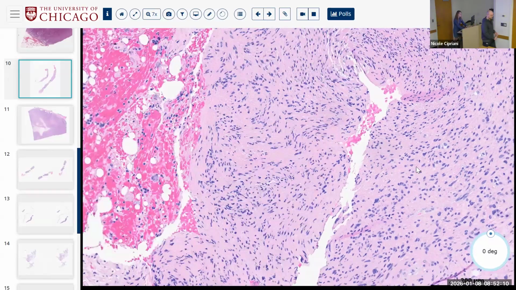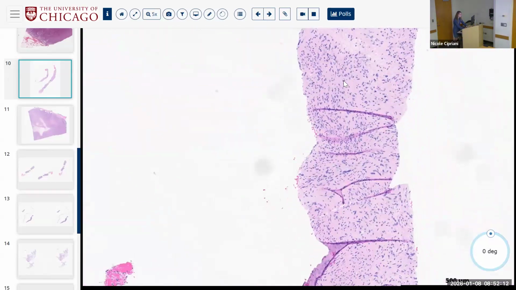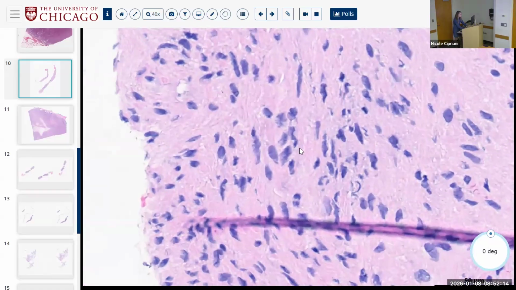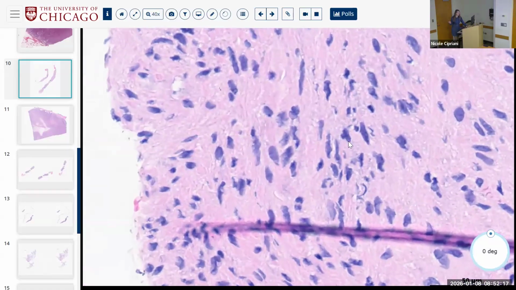And I think one of the things I wanted to point out is when you ask yourself, is the pink that I see collagen pink, or is it intracytoplasmic, myofilament pink? Sometimes you can see a subtle difference between the bright pink right next to the nucleus and the slightly paler pink outside of it.